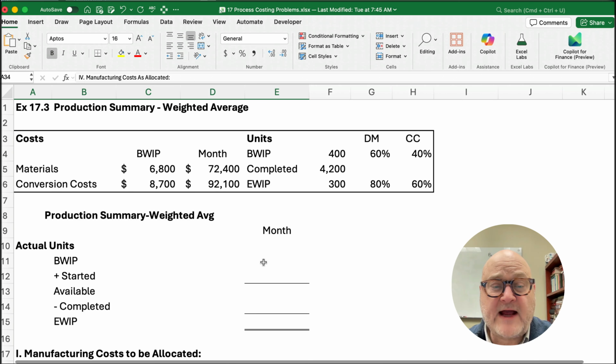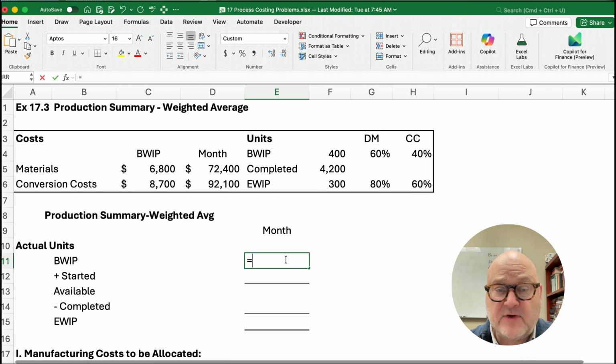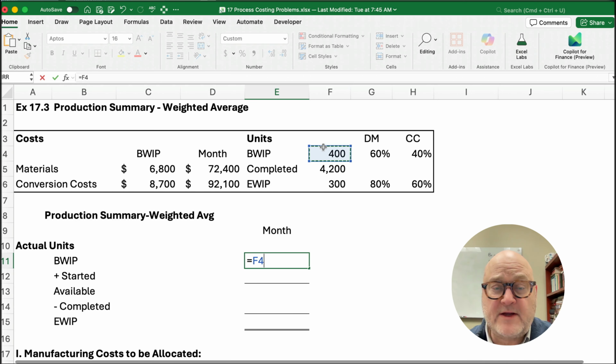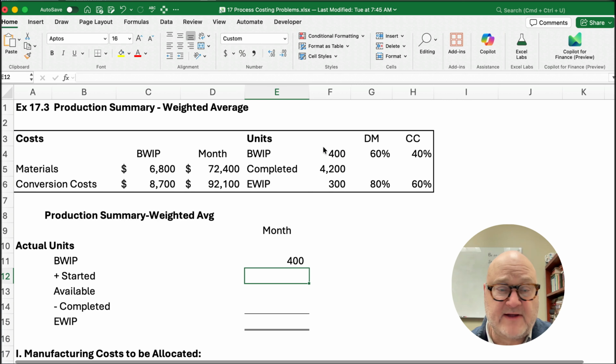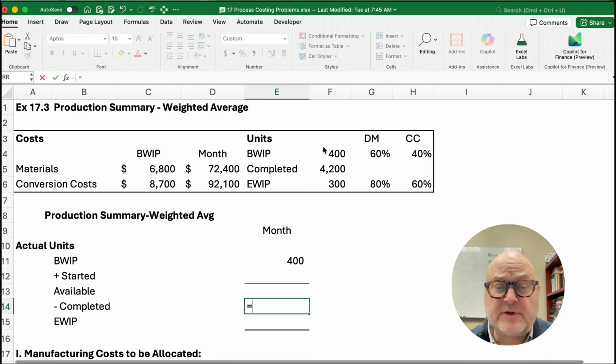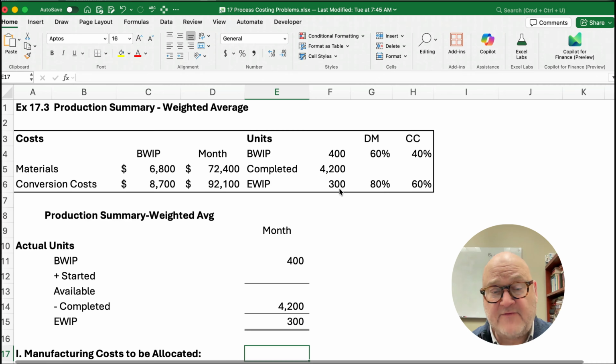All right, so what's our actual units? Our actual units are given to be 400 at the beginning work in process. And we don't know the started, so we don't know the available. We do know the completed is 4,200, and the ending is 300. Okay, so we have enough. We can work our way back up. So how many did we have available?